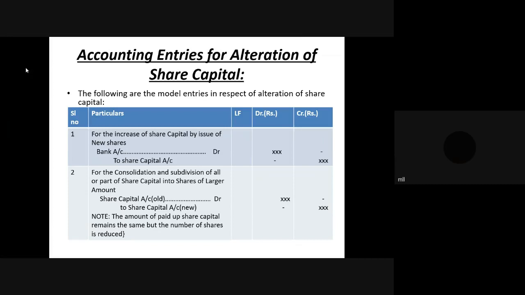How to pass the journal entry: share capital account old debit to share capital account new. Note the amount of paid-up share capital remains the same, but the number of shares is reduced.